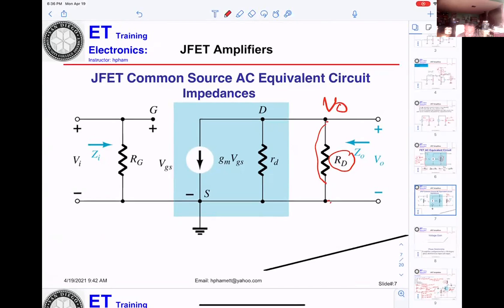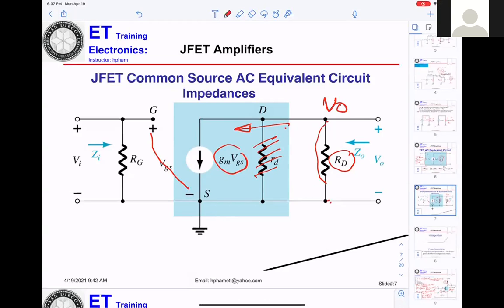You get the current flowing here, and the value will be GM times VGS. VGS is the voltage from here to here. We don't care about that resistance, since it is too big, in parallel with RD. That's why they ignore it in the calculation.